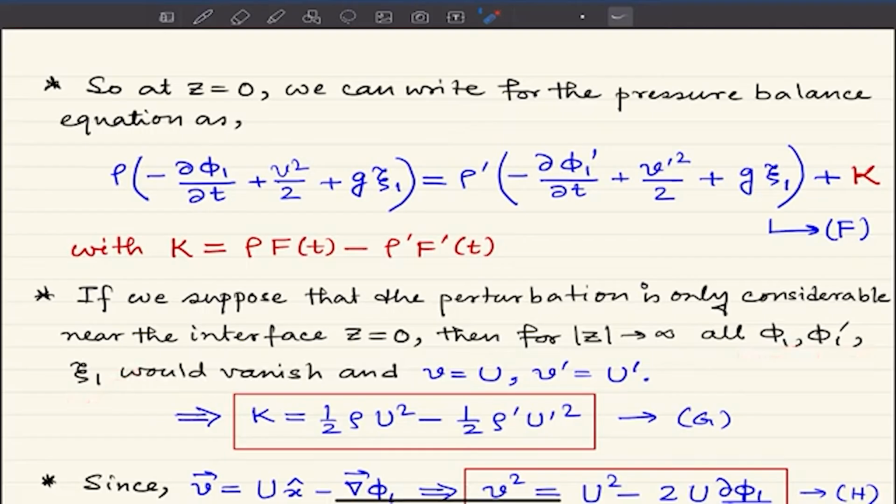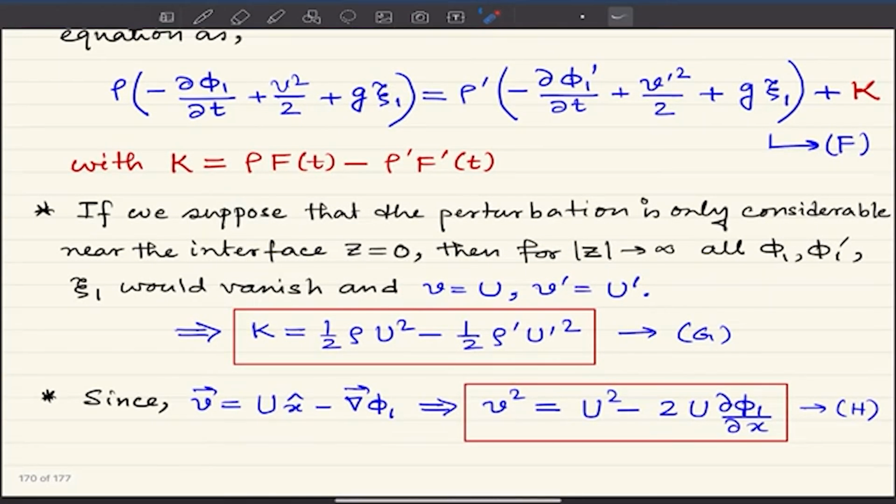In that case, four terms are 0 and the remaining terms are non-zero. With a simple calculation, at the initial state K should be equal to half rho U square minus half rho prime U prime square, because if those four terms are 0, then K is equal to half rho v square minus half rho prime v prime square, with v equal to U and v prime equal to U prime. So we have this relation, call it G.